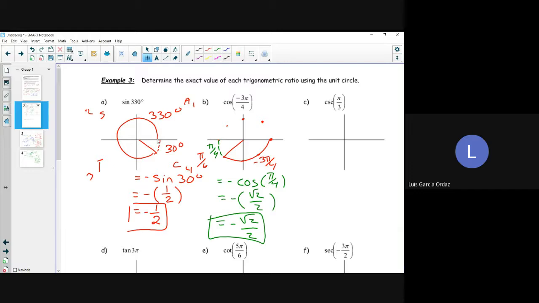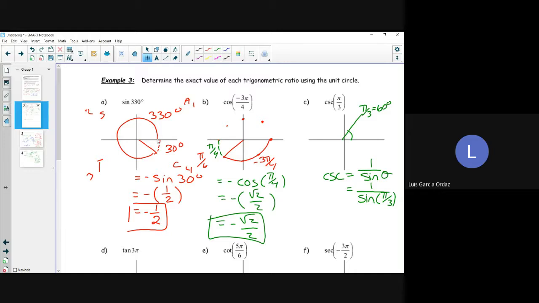And for C, we have cosecant of pi over 3, which is just over here. So remember, cosecant is just the same thing as saying 1 over sine. What do we get when our special triangle is pi over 3?